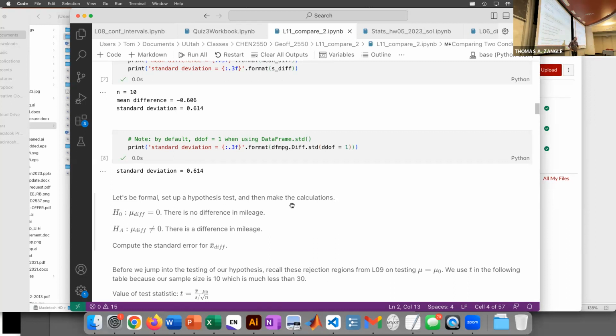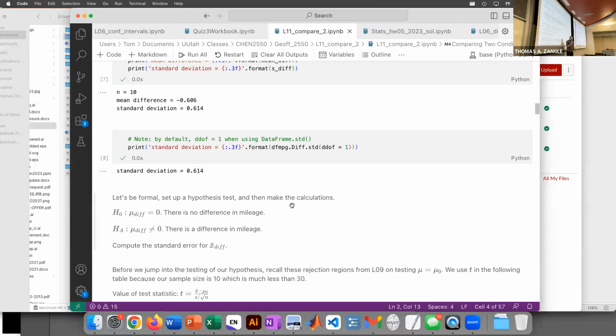It comes back to the claim that you're trying to evaluate. In this case, the claim we're evaluating is that gas A and gas B are the same, so our null hypothesis is that they're the same. If the claim were that gas B was better than gas A, I would set up a hypothesis test to test that claim. Does that make sense?